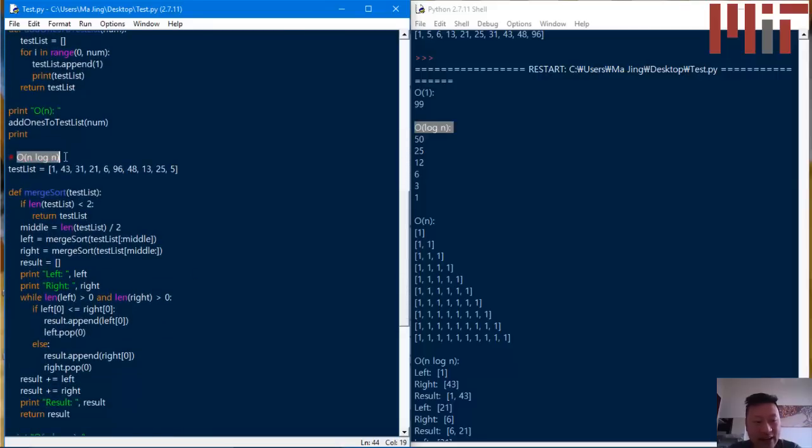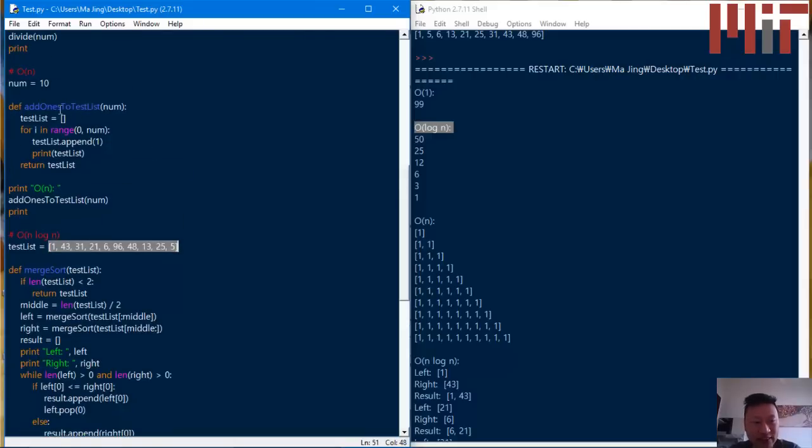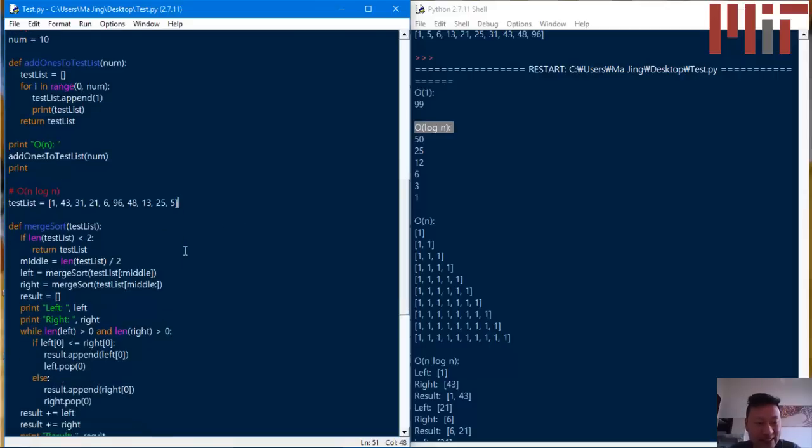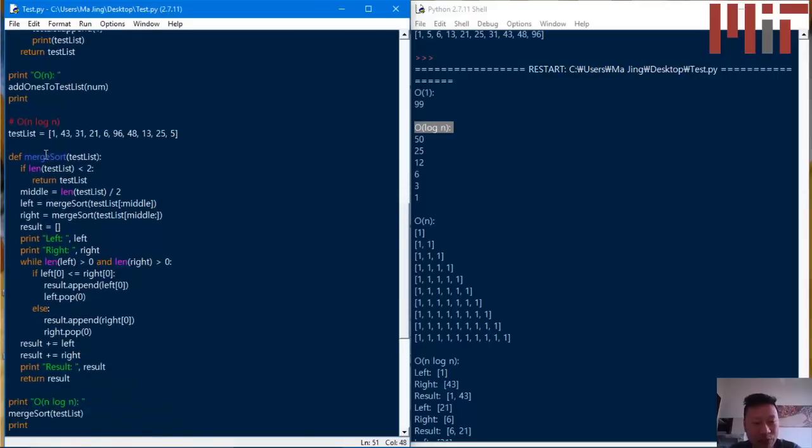Big O of n log n, otherwise called linearithmic time, because it's a combination of linear and logarithmic, hence linearithmic. We're going to have a test list of 10 elements. And again, I chose the number 10 so you can compare the different algorithms with the same input. And we're going to have a function merge sort.